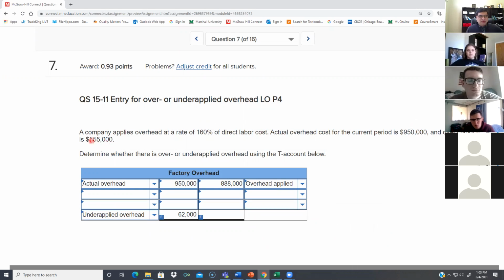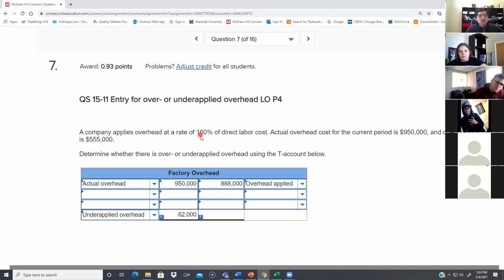Direct labor cost is 555,000. So what is the applied overhead? 160% of 555, or 555 multiplied by 1.6, will give you 888. So in this case, your applied overhead is 888,000. So it'd be under applied.